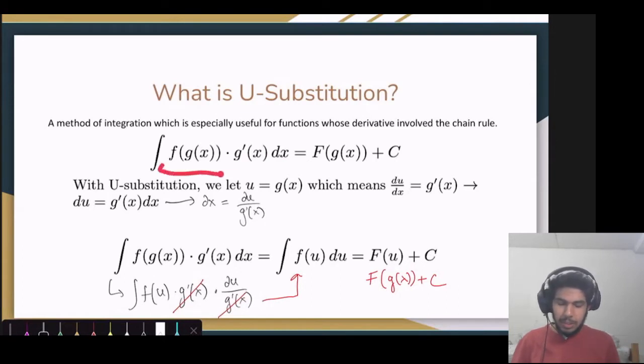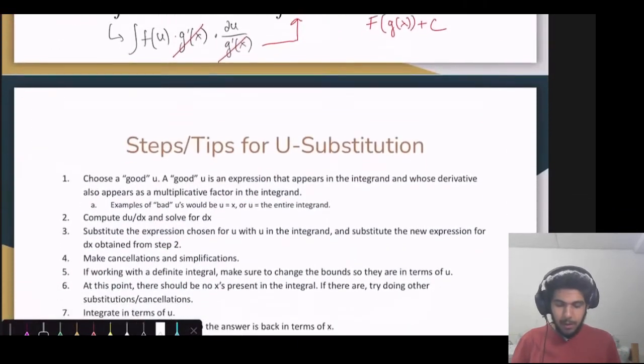But it's so hard to tell if, like, I give you x squared times x cubed plus 1, sometimes it's hard to tell what is f of x, what is g of x. So knowing what g of x is or what u should be right away can be really difficult. So choosing a good u is the first step.